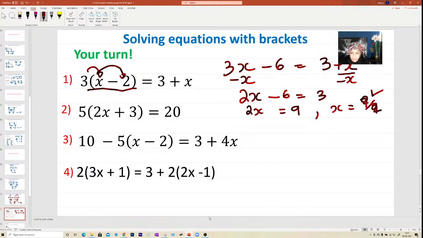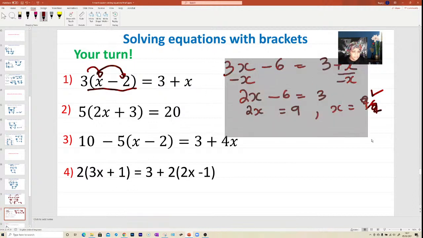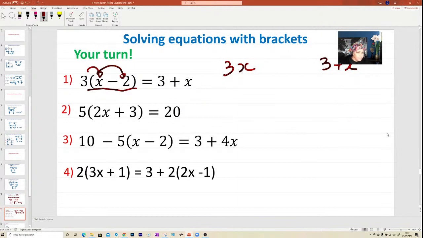And then for the next one, I will do it slightly differently, guys. I will show you how to do this faster, okay? Right, so for number 2, I've got 5 here, and I know 20 is a multiple of 5. You can do the same method as 1, but in this case you can divide by 5 on both sides.